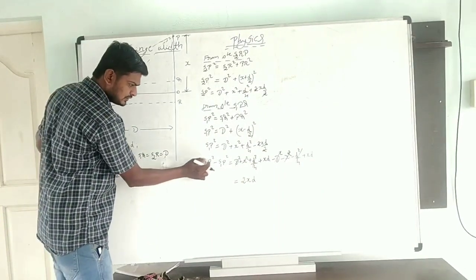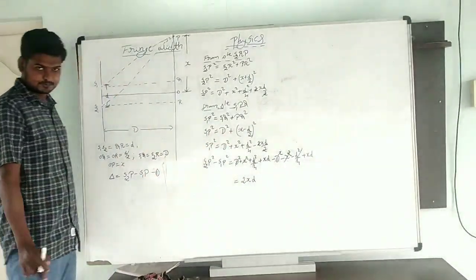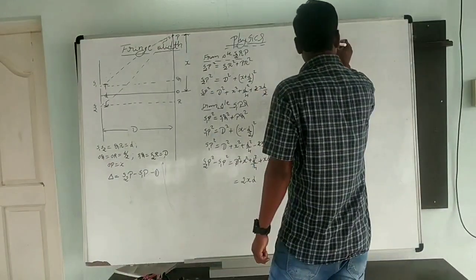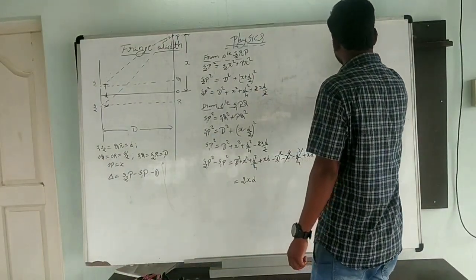Now S2P square minus S1P square is of the form A square minus B square.